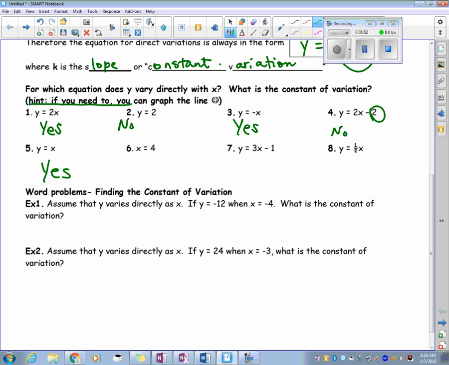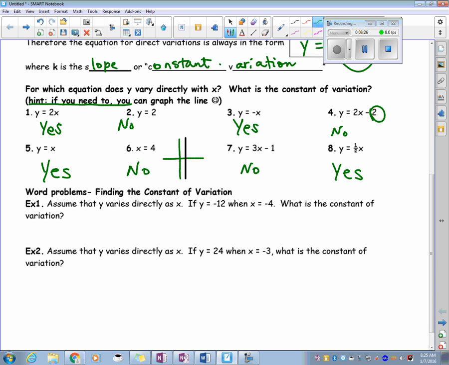No. Number 6 is a line right here, up and down at 4, isn't it? So that is definitely not a direct variation. Not only does it not slant, it doesn't go through the origin. What about number 7? No. What about number 8? Yes. Great job. Direct variation is easier than inverse variation.